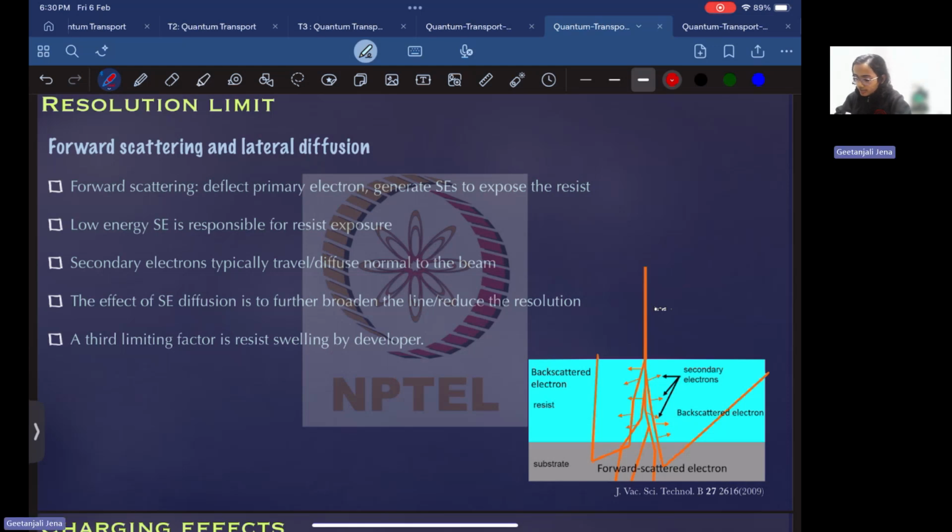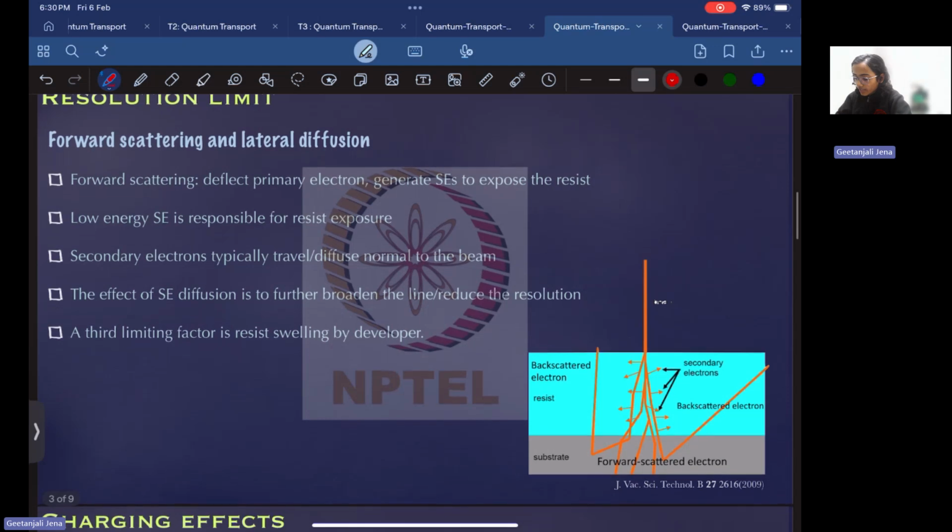So what this means is that whenever the electron beam hits a sample, we have a spot size of the electron beam that is hitting the sample. But in reality, the effective spot size is greater than the spot size we are using, so the pattern transfer will be slightly different.